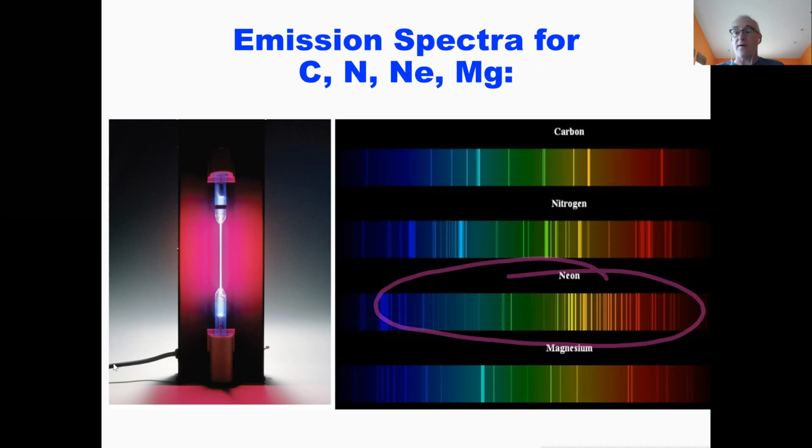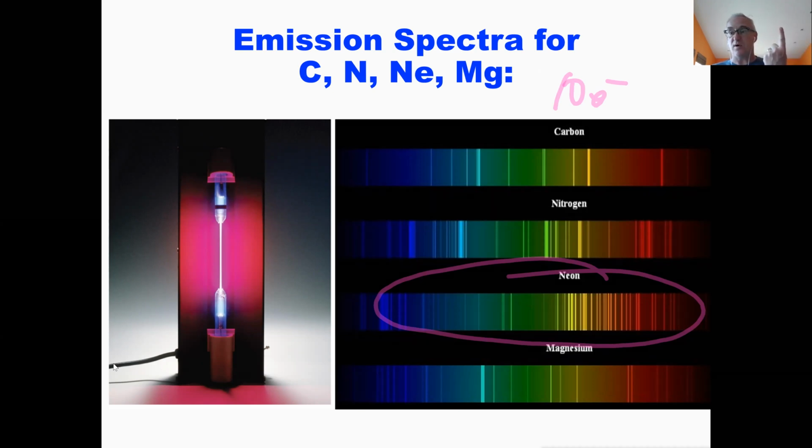It's far more complex. And neon's got 10 electrons, so we're not even dealing with really big elements. Neon's not that big. But the complexity of it is so vastly more than hydrogen that Rydberg's equation didn't work anymore.